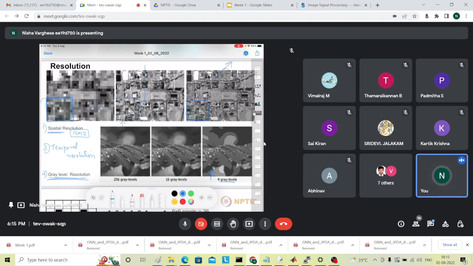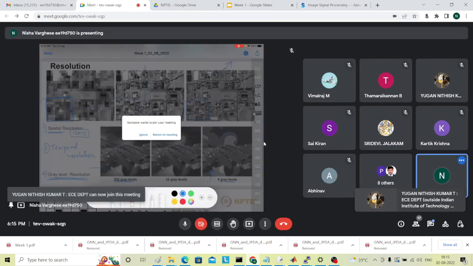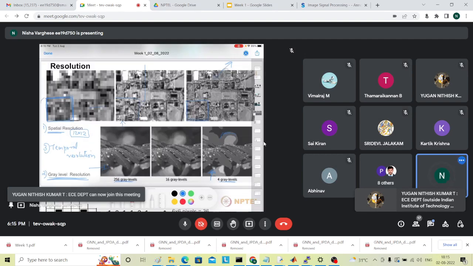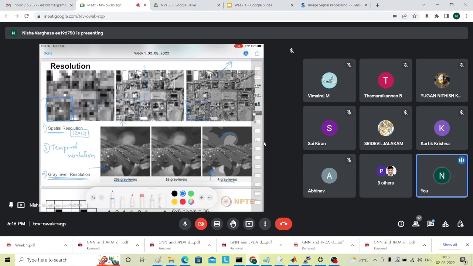For visually pleasing results, we have to introduce more gray colors inside the picture. In the first picture, we have 256 gray levels. That picture will have black, white, and in between a number of gray colors. So that will be visually more pleasing. Gray level resolution is high when the number of gray levels inside the image is very high.